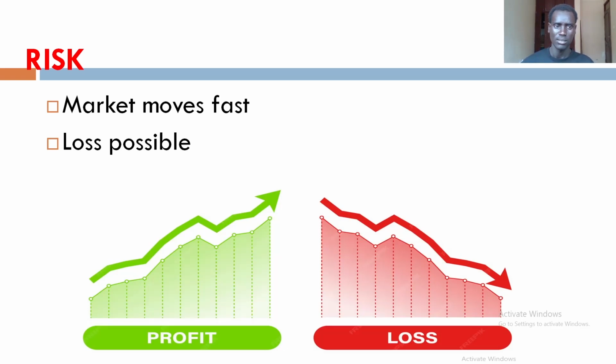And it also creates what is called liquidity. The word liquidity simply means that a lot of people are trading forex. At that time, when prices move very fast, it offers two things: either you will make profit very fast or you will lose very fast.